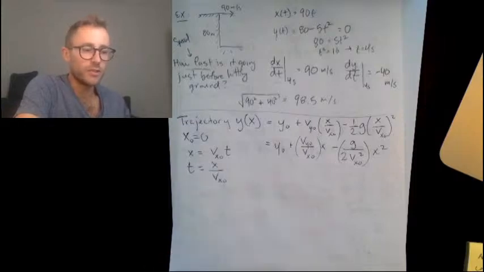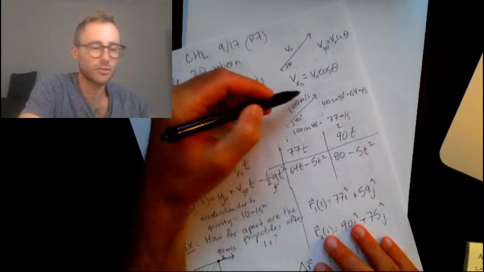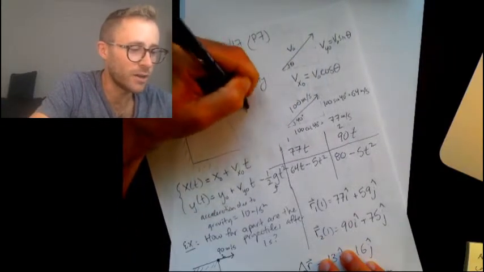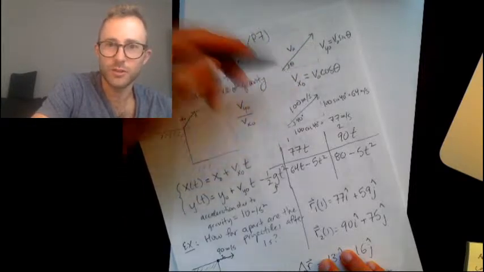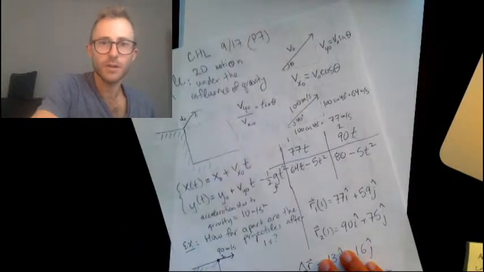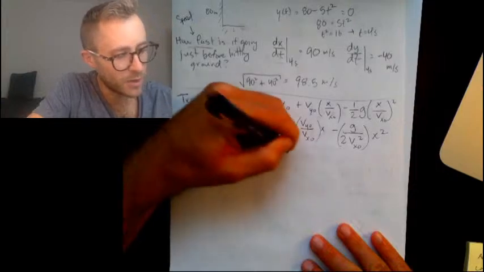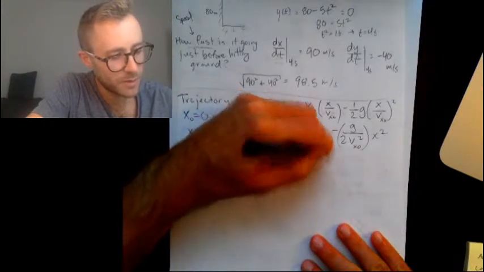We can simplify this even further if we use the fact that vy naught and vx naught are given by these expressions. In particular, vy naught over vx naught is like opposite over adjacent, which is just tangent of theta. So we have y naught plus tangent of theta times x.